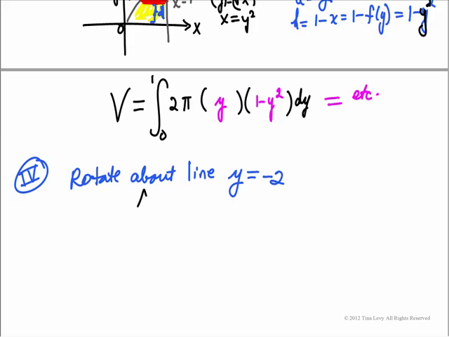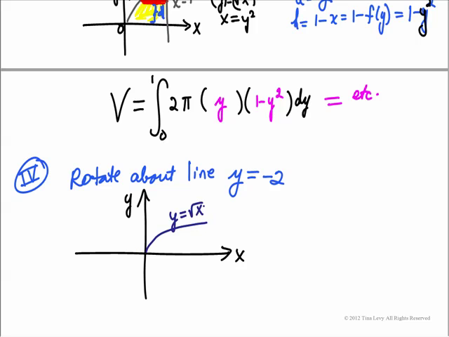We're going to graph the region again. y equals square root of x, x equals 1, and of course the x-axis. This time we're rotating about the line y equals negative 2. I shade my region.